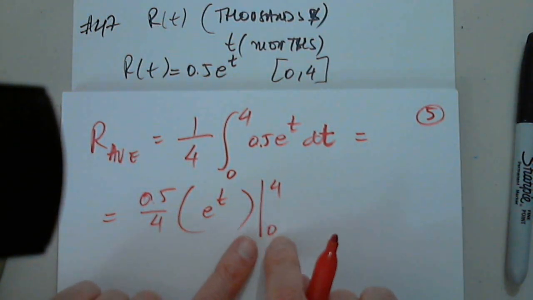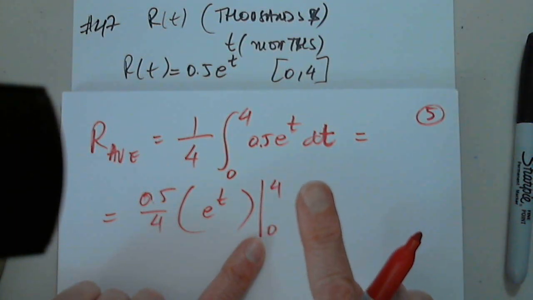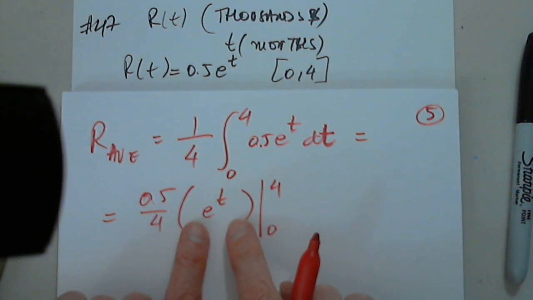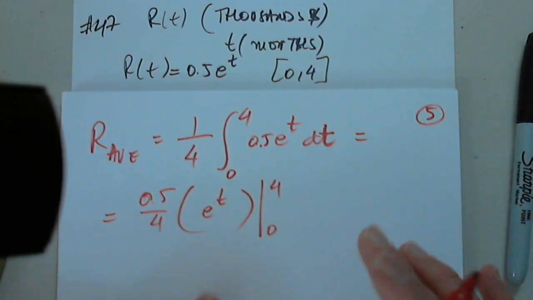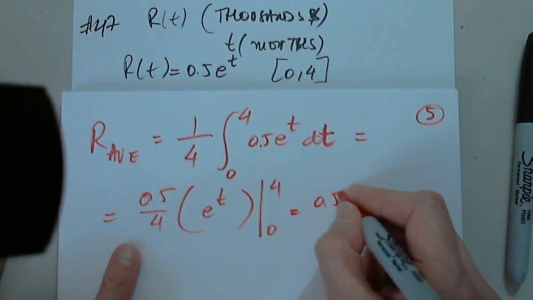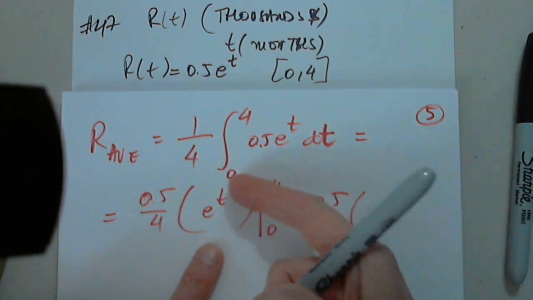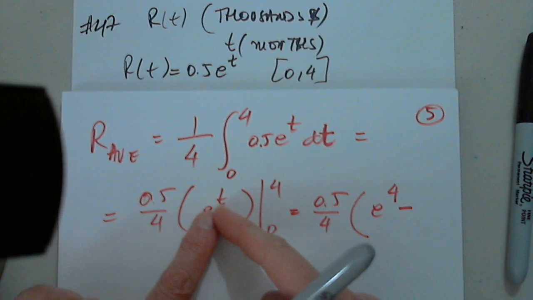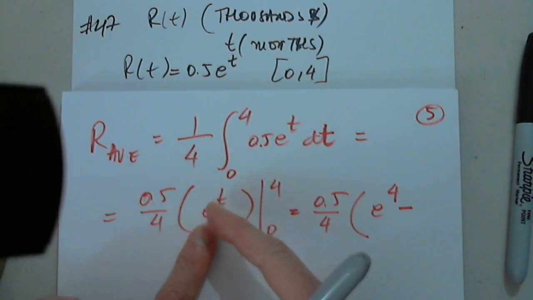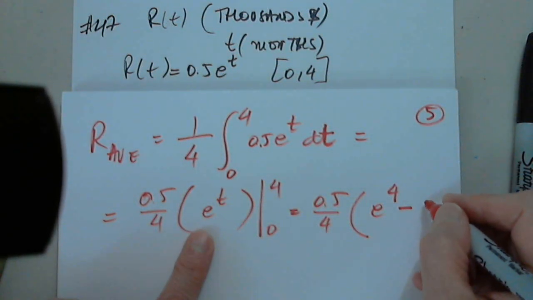In such a function, plugging in 0 will not give us 0, so do not assume for such a function that you plug in 0. For polynomials, it works. So we have 0.5 over 4. We plug in 4, we get e to the 4th, but minus, when I plug in 0, what do I get? E to 0 is 1.